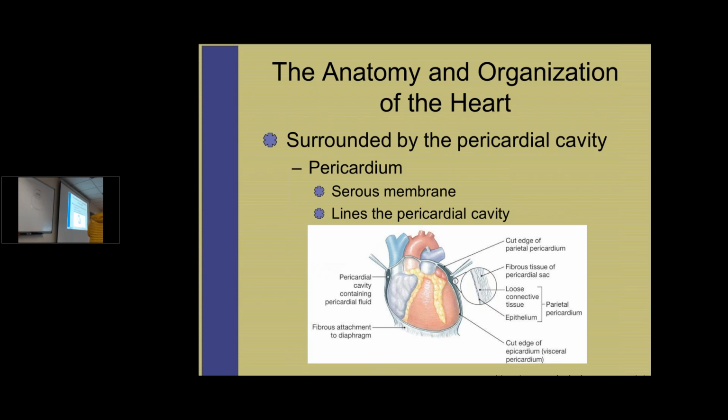And then the outer layer is the epicardium, and the fluid in between those two layers is just kind of a matrix. You can think of it as almost like oil that keeps everything moving, because that heart is constantly moving. It's not in a fixed spot because it's always beating, right? There has to be some give. So that's why you have that fluid chamber with the pericardium around the heart.